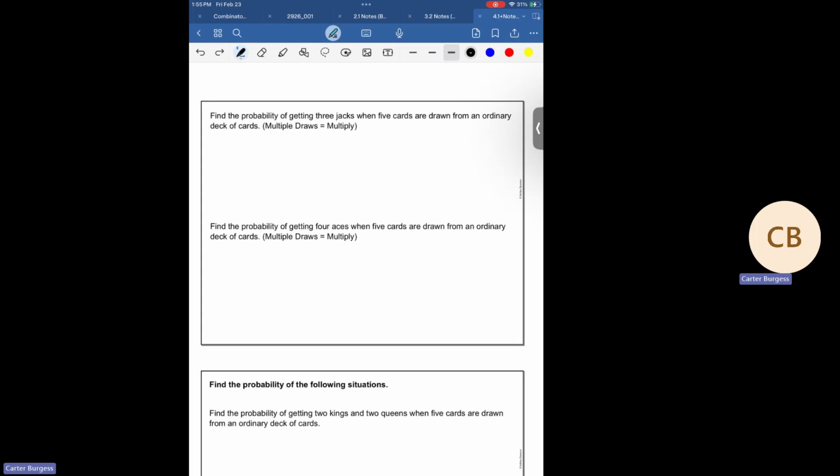Cool. Needing to figure out the total number of ways to deal 5 cards from a 52 card deck. What is that going to be? 52 factorial over, how many cards are we choosing? 5 factorial, right?